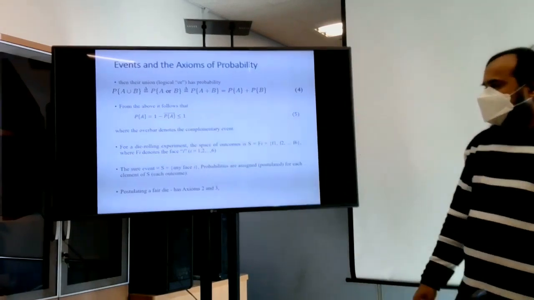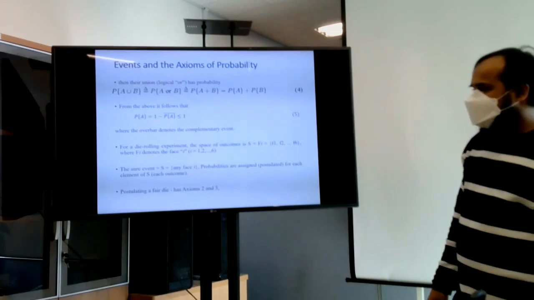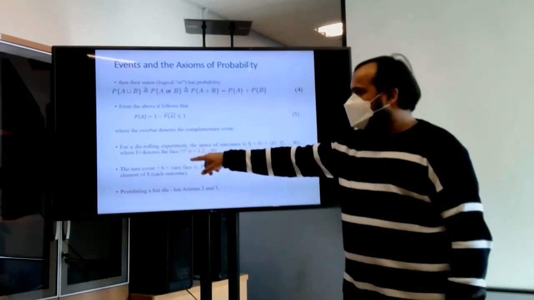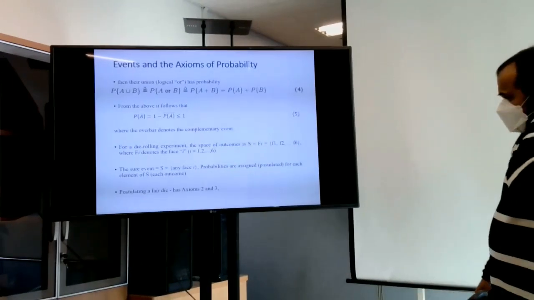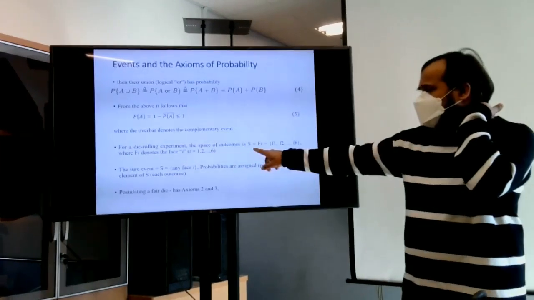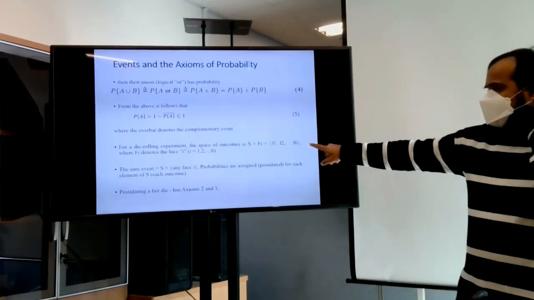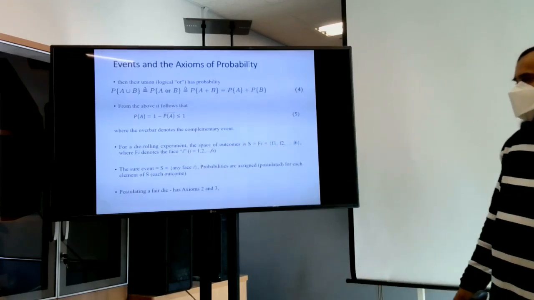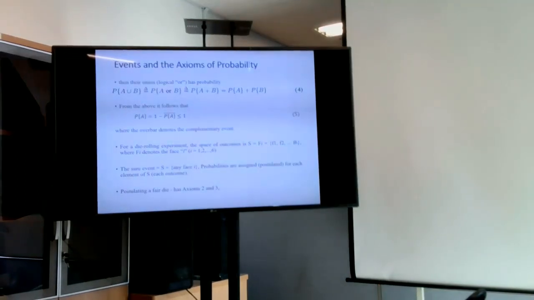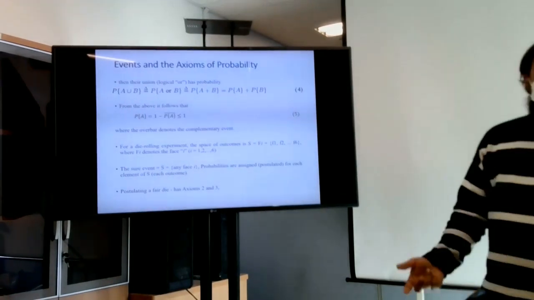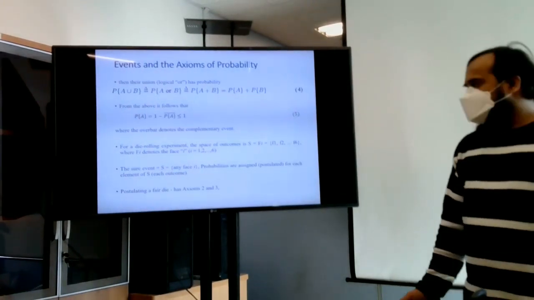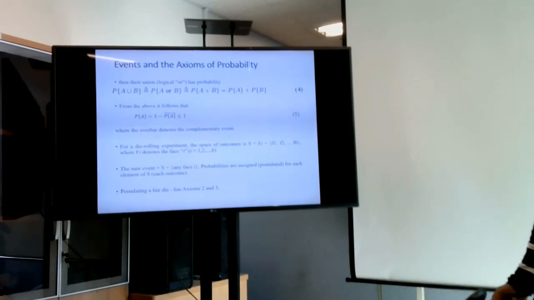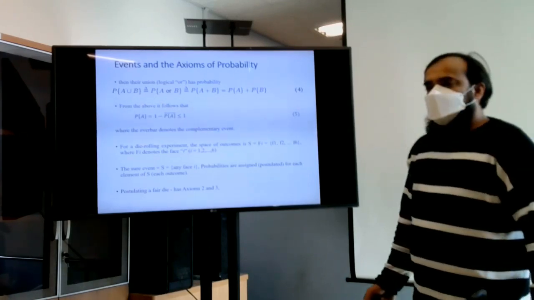For the rolling die experiment, the sample space is S equals F1, F2, F3 up to F6, where Fi denotes face i, and the sure event S is any face can occur. Then what are the probabilities?